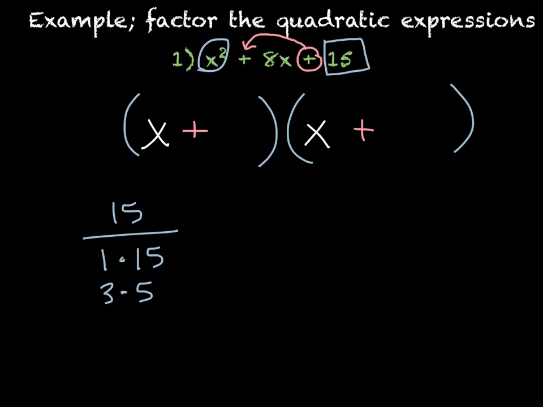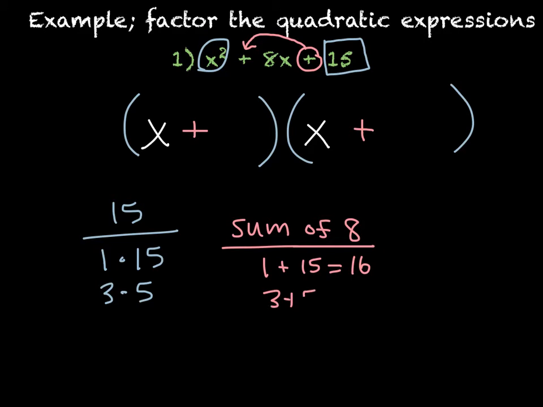So now the last step is to find the factors that would sum to give you your x coefficient, which is 8. So I want my sum to be 8. Well, 1 plus 15 is 16, and 3 plus 5 is 8. So that means it has to be the 3 plus 5. So I'm going to put 3 and 5.